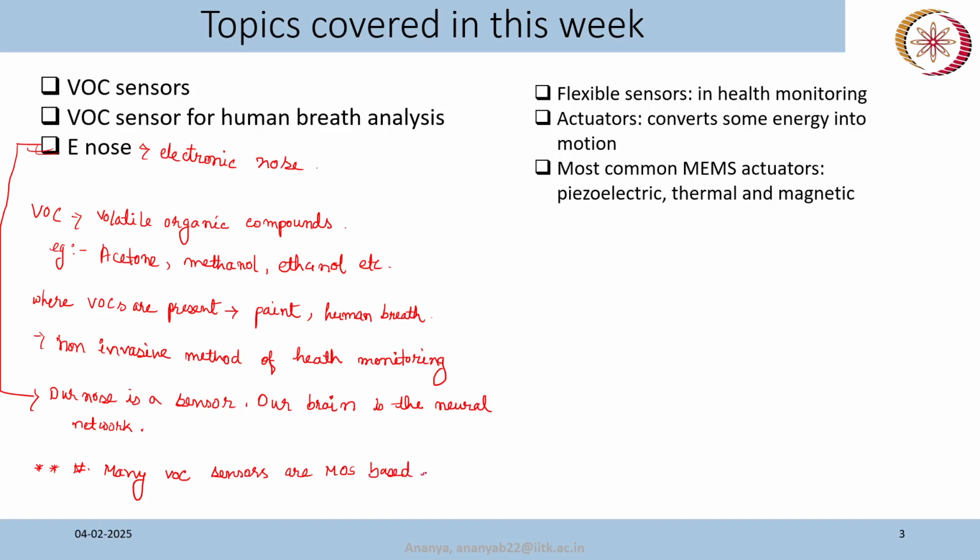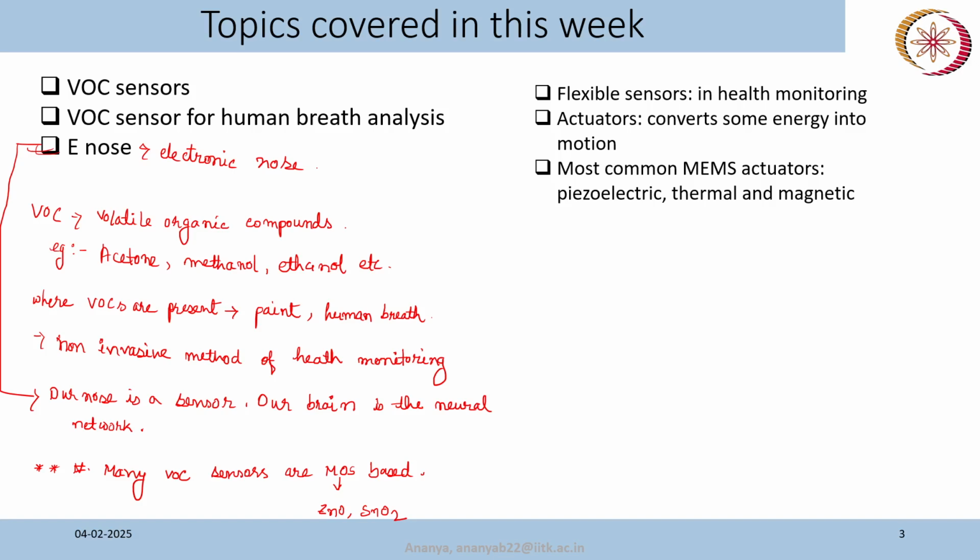It is not the MOS of MOSFET. So what are metal oxide semiconductors? Some of the examples are ZnO, SnO2, and there are other examples you can look up. So many of these VOC sensors are MOS based. This material is used as a sensing layer in this kind of sensor.